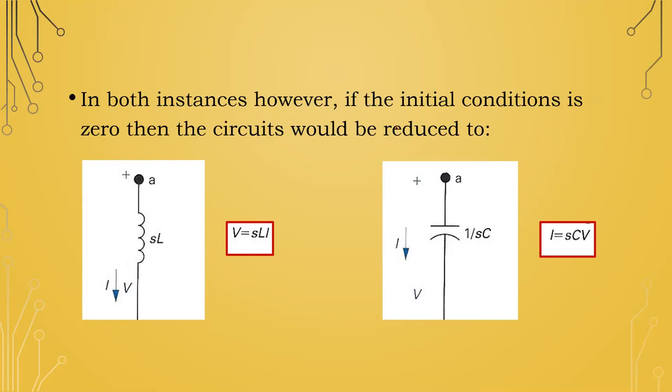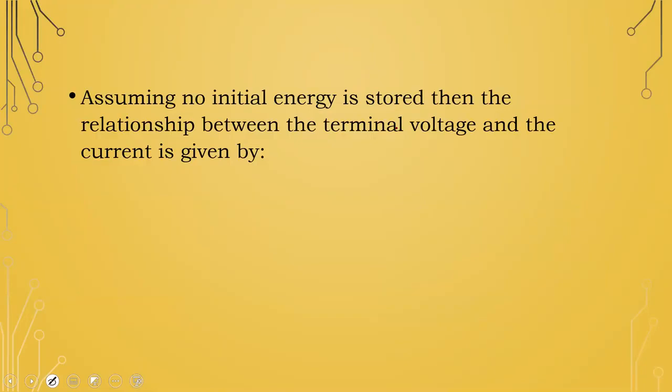Now, given the fact that the initial conditions are zero, meaning I0 is 0 and VC is 0, with no initial energy, the relationship between the terminal voltage and the current is given by that expression.